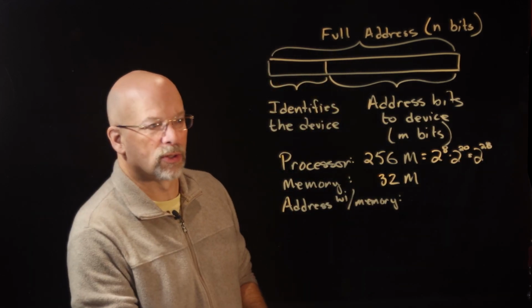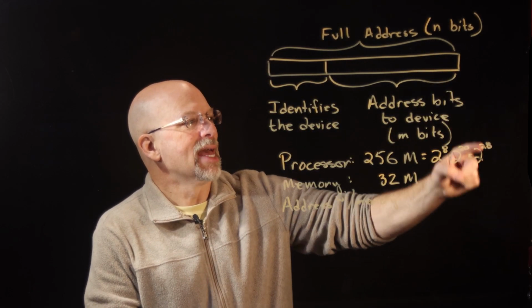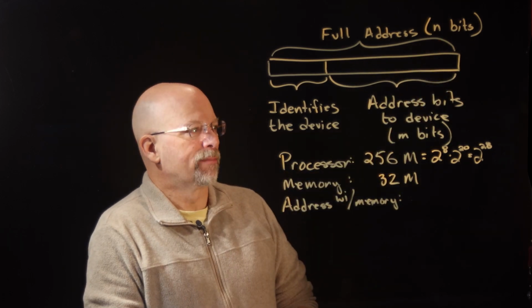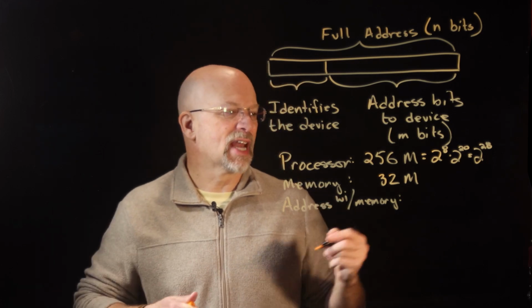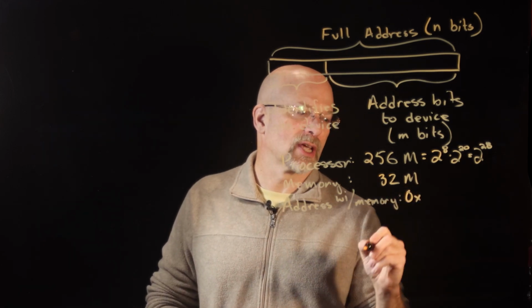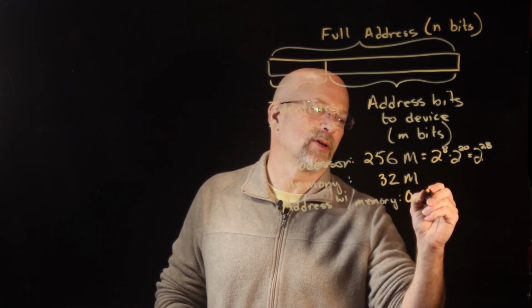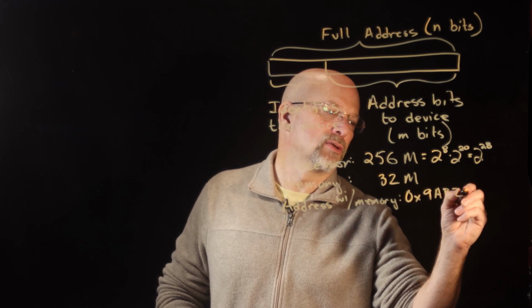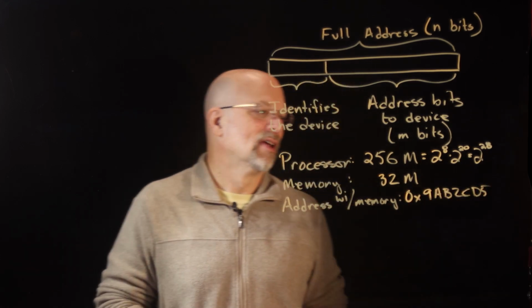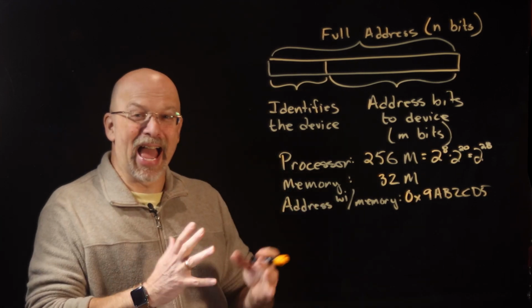Our n is 28, so we know how many bits the processor has. 28 bits is 7 hexadecimal nibbles. So let's say we're trying to communicate with a hexadecimal value, how about 9AB2CD5? Let's say that's an address within the memory.